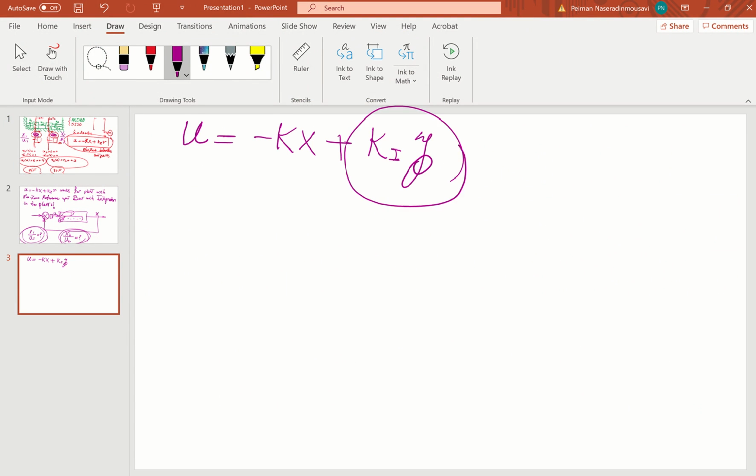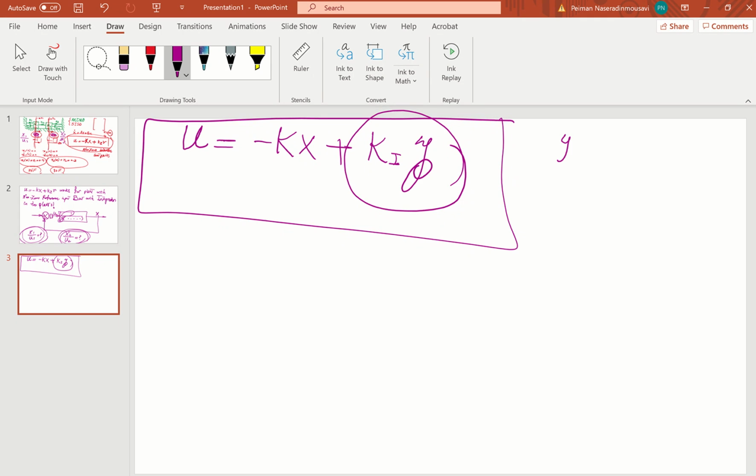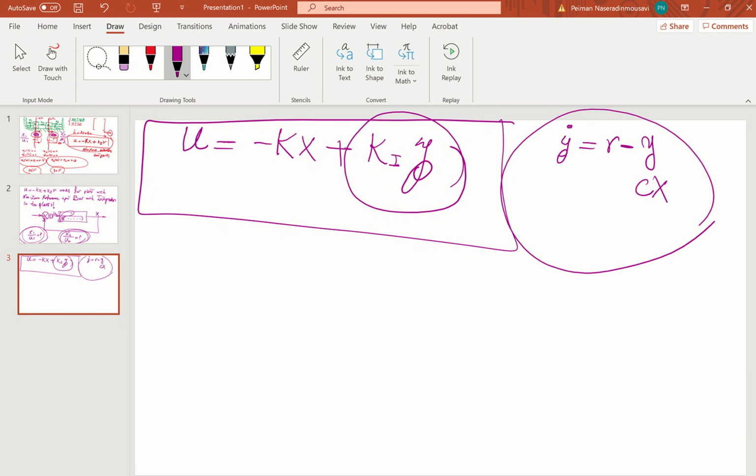But the tricky point for the MIMO system is this. Please go and do it at home and develop the code, and remember that zeta dot, as I told you, was r minus y. y is Cx. That's right. Please do it. This is very interesting for the MIMO system.